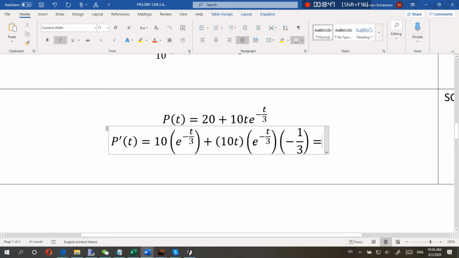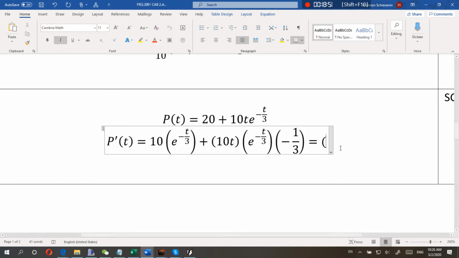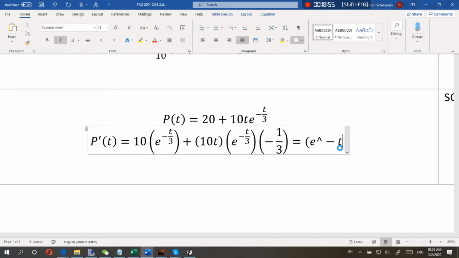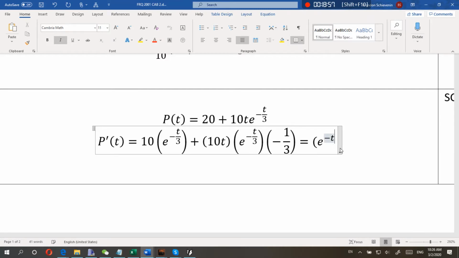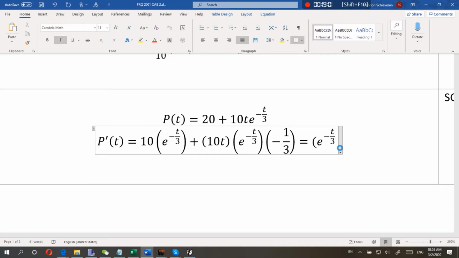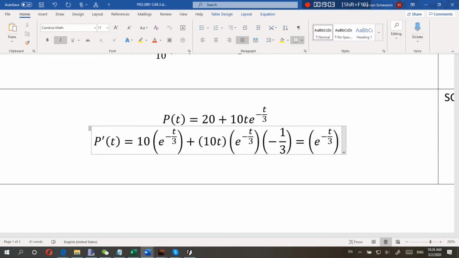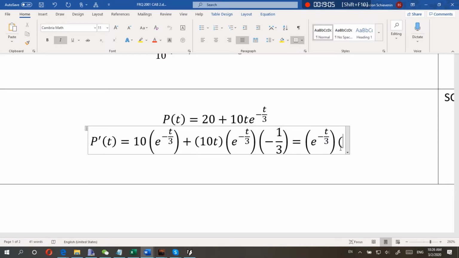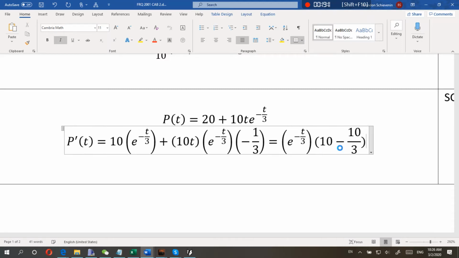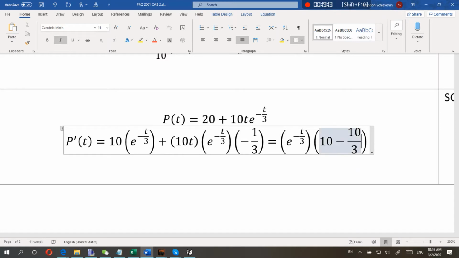So what I'm going to do is I'm going to pull out this e to the negative t over 3. And then what I'll be left with on the inside is 10 minus 10/3 times t.